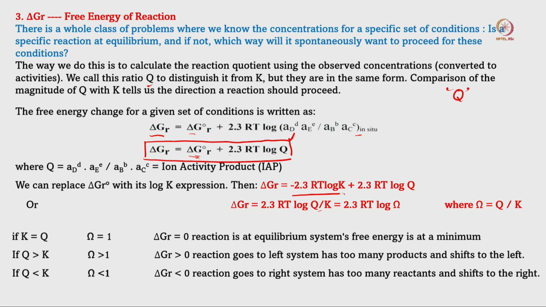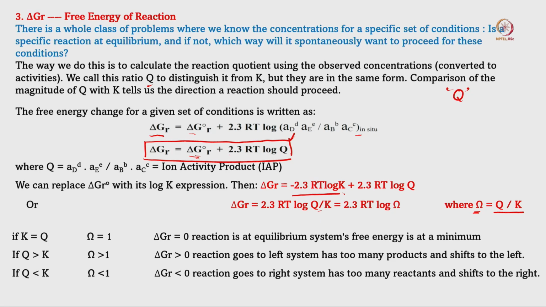Why Q by K? This is a negative term, so in terms of log, it comes in the denominator. If we denote Q by K using this omega sign, then it is 2.3 RT log omega, where omega is equal to Q by K. If K is equal to Q, that means my omega is equal to 1, then delta Gr is equal to 0.